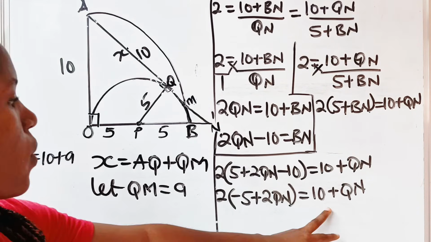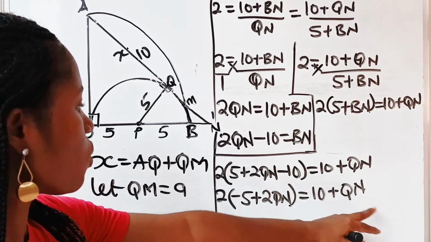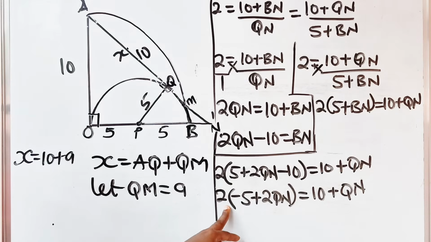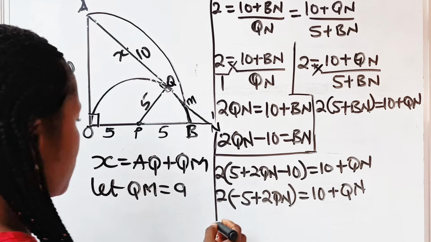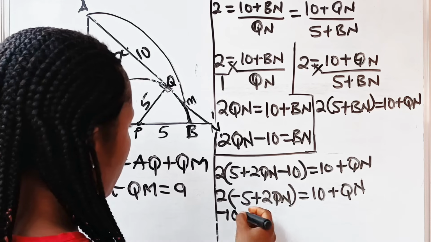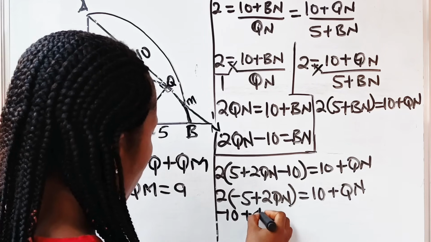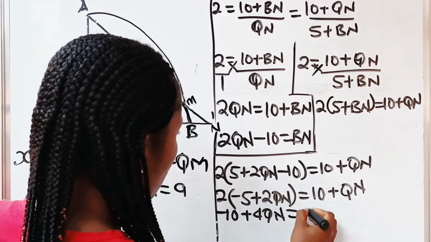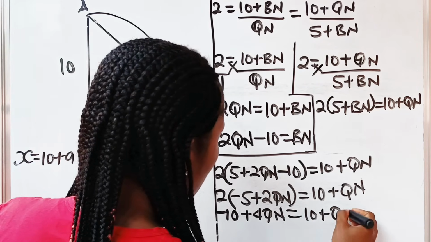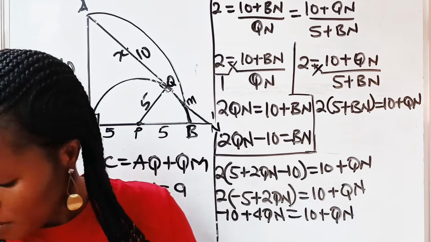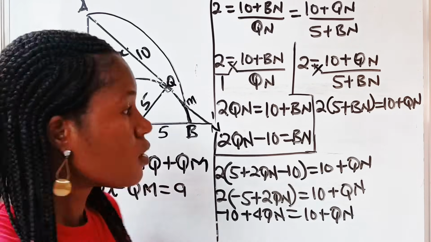So this is where we are, 10 plus QN. Now if we open this bracket, we have 2 times minus 5 is minus 10. Then 2 times this will give us 4QN is equal to 10 plus QN. Let me clean this very well.